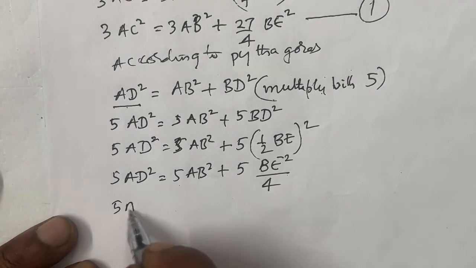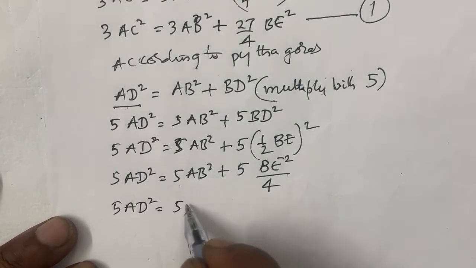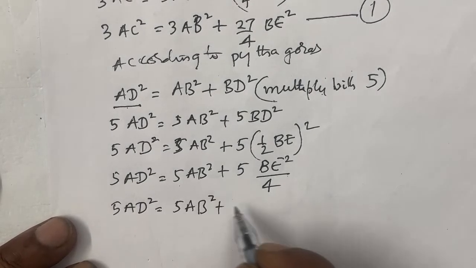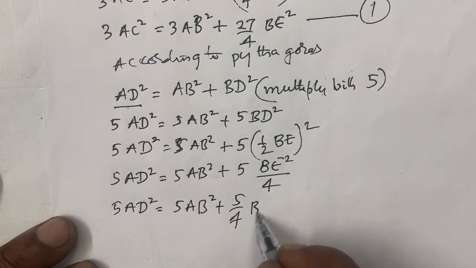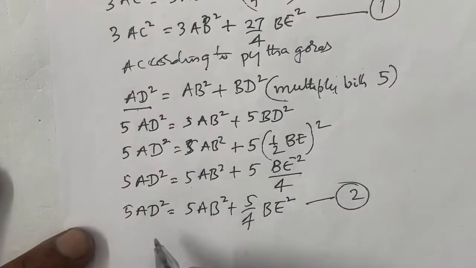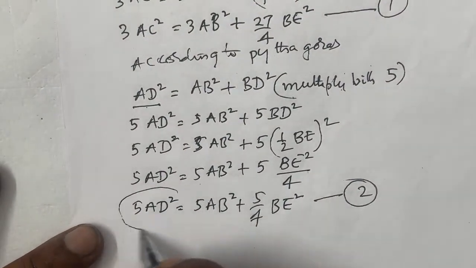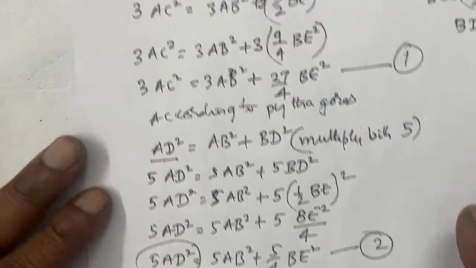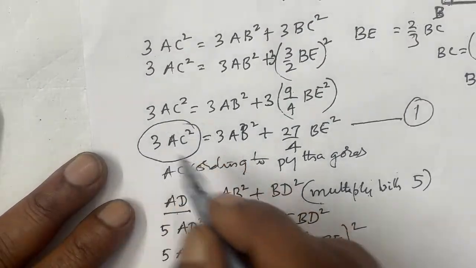Next, 5AD square is equal to 5AB square plus 5 by 4 BE square. This is equation 2, the second equation we got, and this is equation 1.